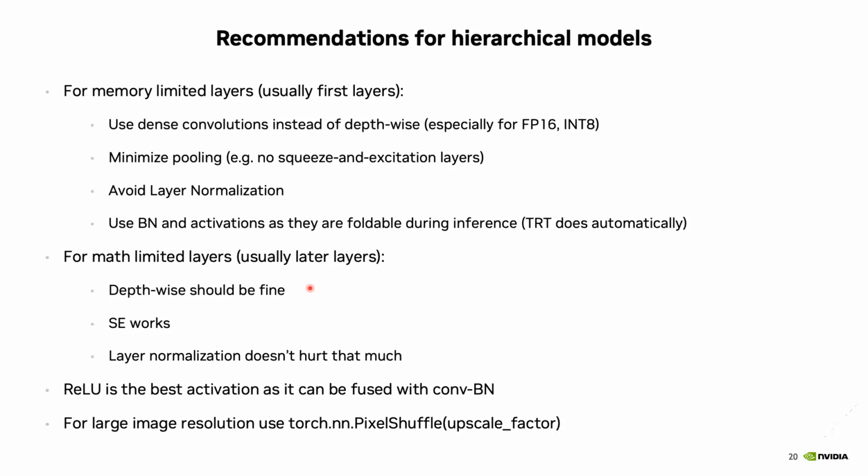So we are fine there using depth-wise convolutions, because they will reduce the amount of arithmetic I'm doing there. Squeeze and excitations are fine. Layer normalization is fine. One trick we can do is that if my input resolution is very high, so my number of channels is small in the first layers, as we saw previously, it's not optimal. So I can use tricks like pixel shuffling to move my spatial dimension into the channel dimension.